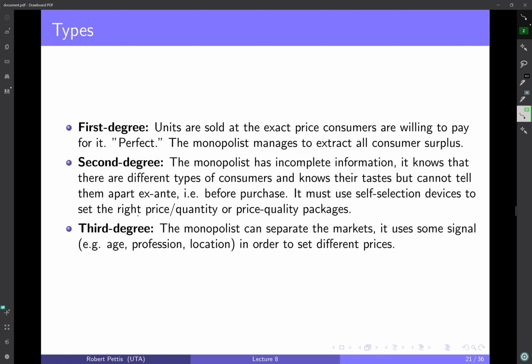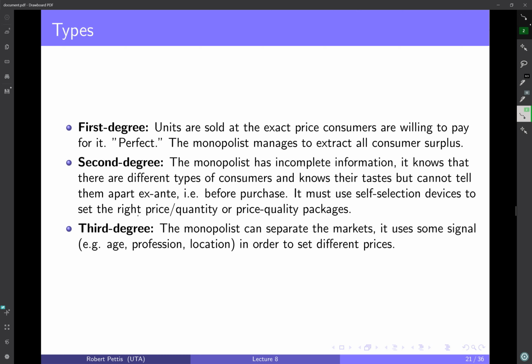We've got second degree, which is when the monopolist has incomplete information. It knows its different types of consumers and knows their taste, but can't tell them apart. Okay, so they have to use some sort of self-selection in order to set the right price or quantity. So we might see things like this with maybe bulk pricing, something like that.